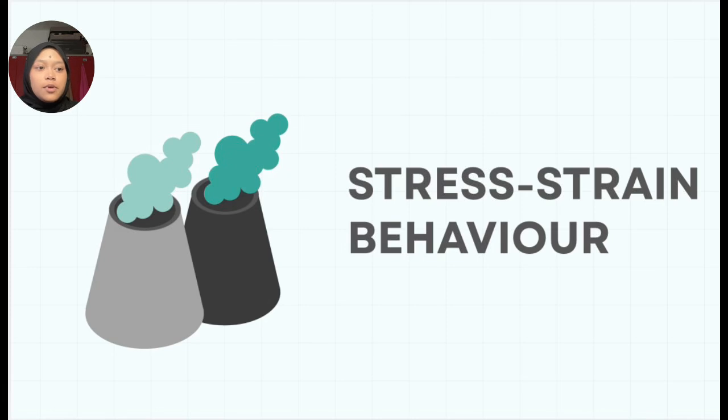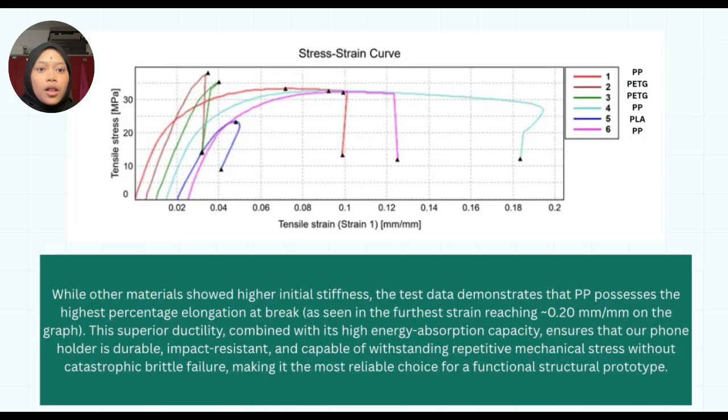Next, stress-strain behavior. While other materials show higher initial stiffness, the test data demonstrate that PP possesses the highest percentage elongation at break, as seen in the furthest strain reaching 0.20 mm per mm on the graph.